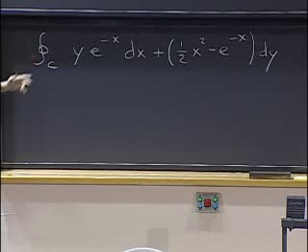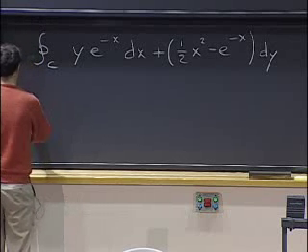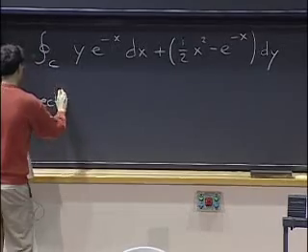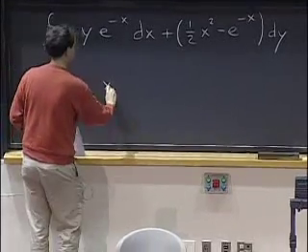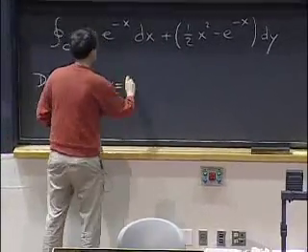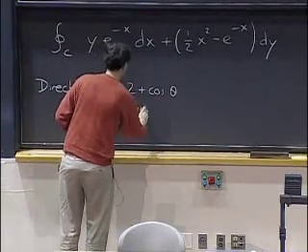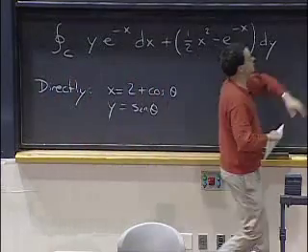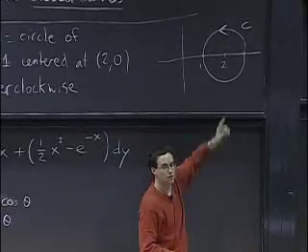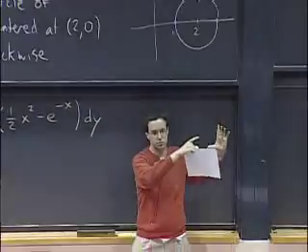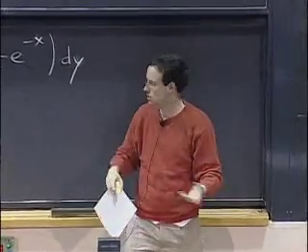So that would probably involve setting x equals 2 plus cosine theta, y equals sine theta. But, I'm using as parameter the angle around the circle. It's like the unit circle, the usual one, but shifted by 2 in the x direction.